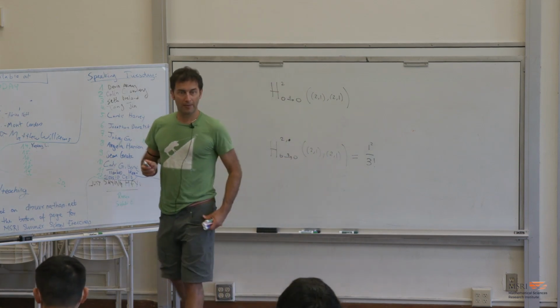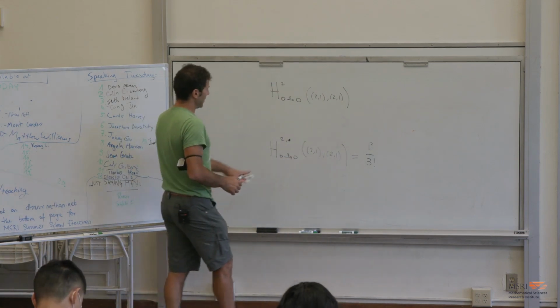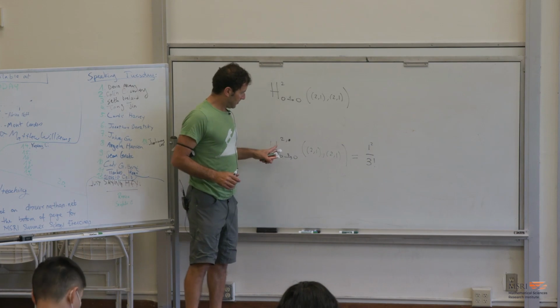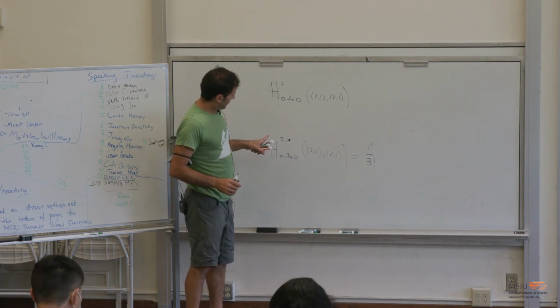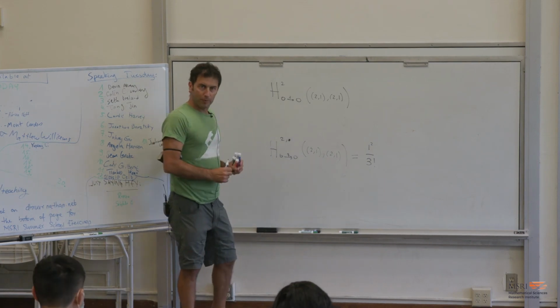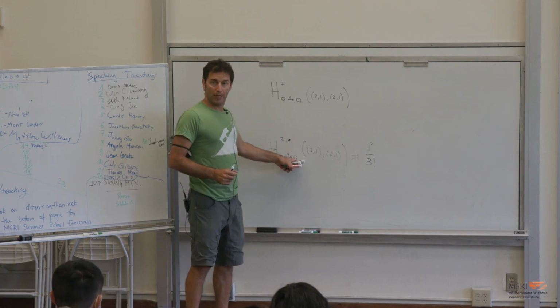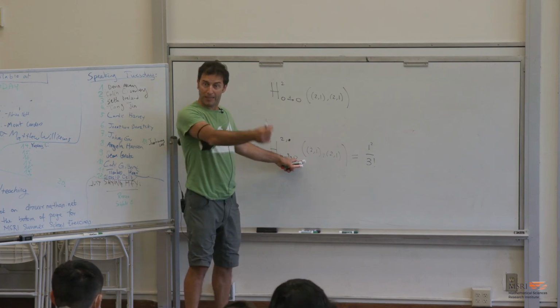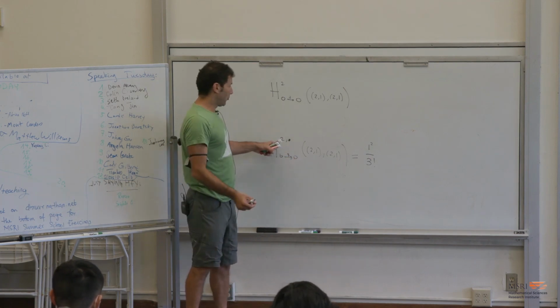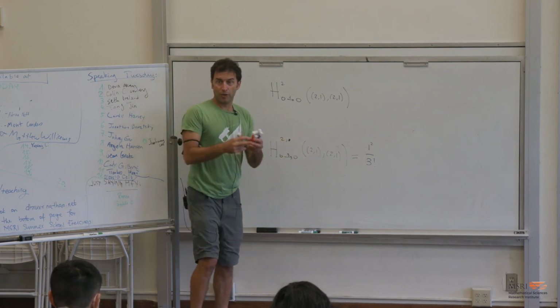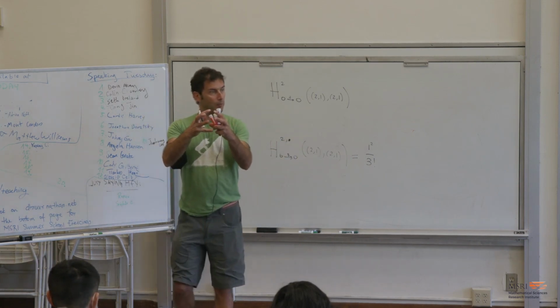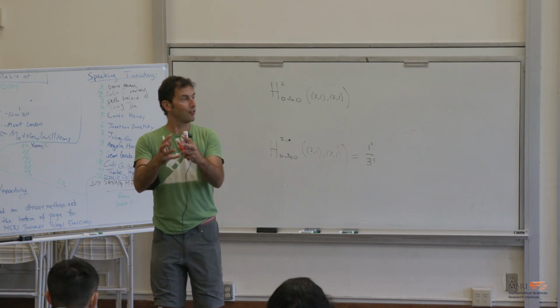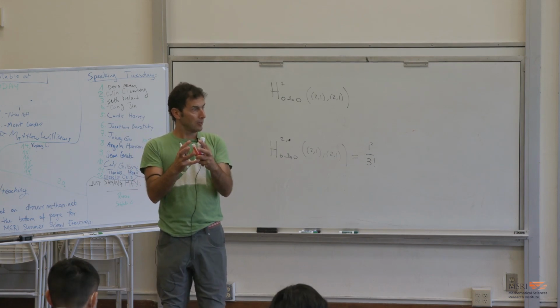I don't care. And then I want to count the number of monodromy representations from the fundamental group of a sphere punctured at 4 points to S3. The fundamental group of a sphere punctured at 4 points is a free group on 3 generators.